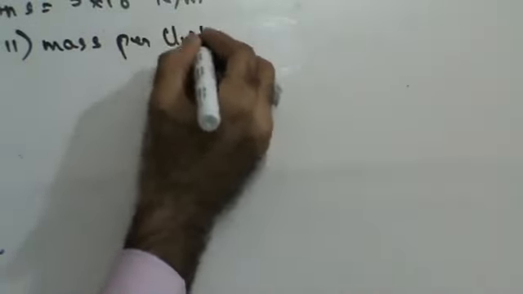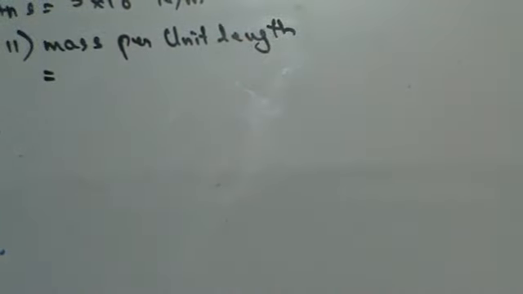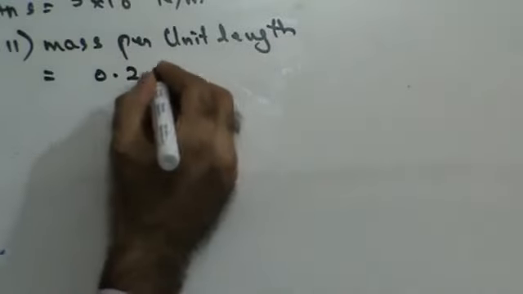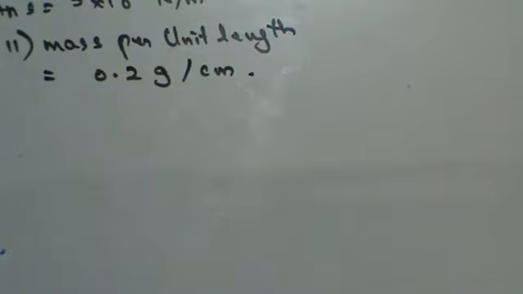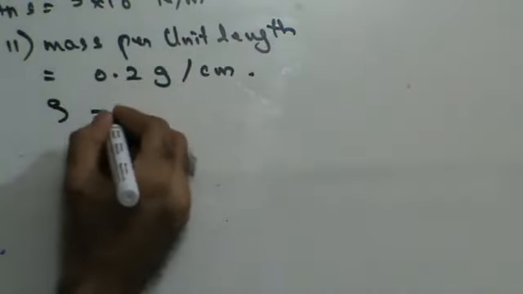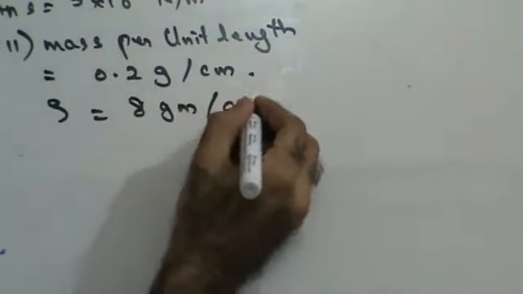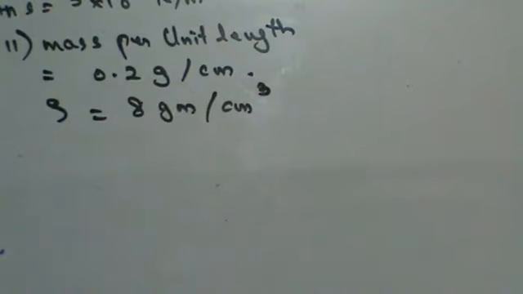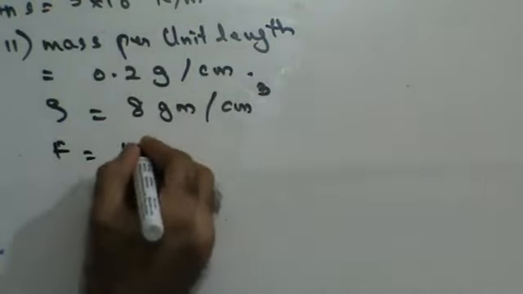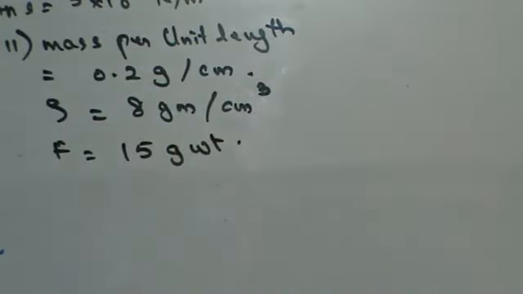Calculate the stress applied to a wire having mass per unit length of 0.2 grams per centimeter, density of 8 grams per centimeter cube, when 15 gram weight is attached to its free end.